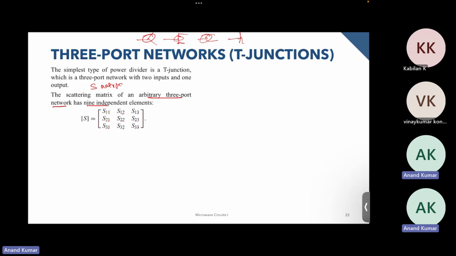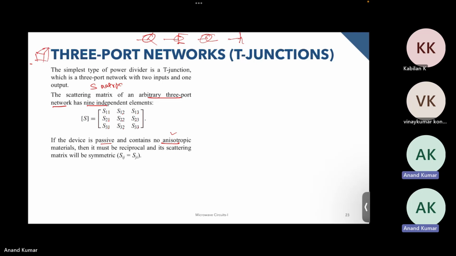So it will have 9 elements, and if this particular device is passive and contains no anisotropic materials, that is, no anisotropy means this is an isotropic material.